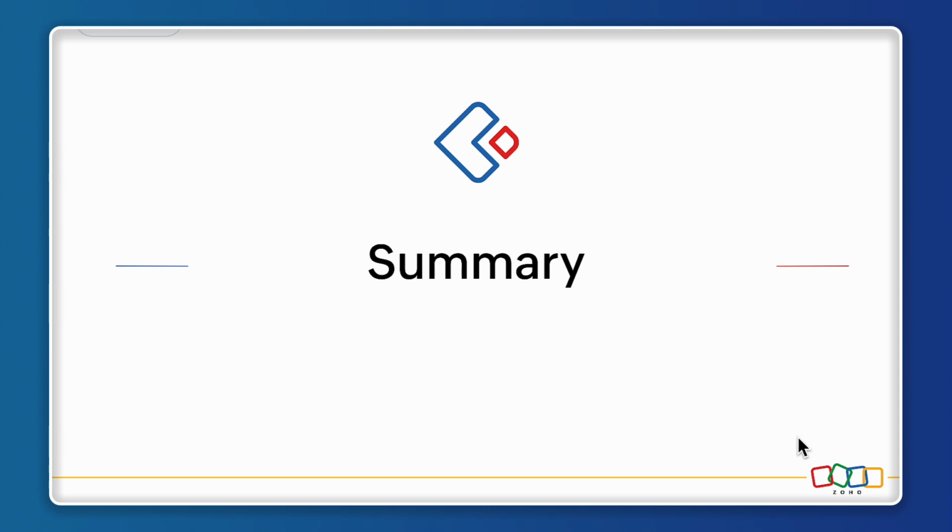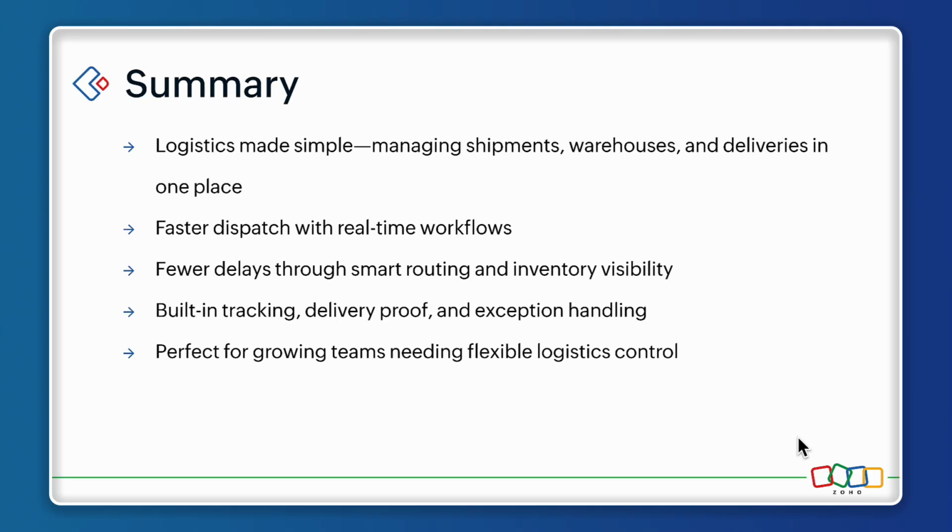Apart from this, moving on to the next part, let me quickly summarize the whole webinar. We saw a unified place where we can maintain all the shipments, warehouses and deliveries in one single place. And at the back end, we have implemented a lot of automations and workflows, which will help with faster dispatch with real-time workflows.